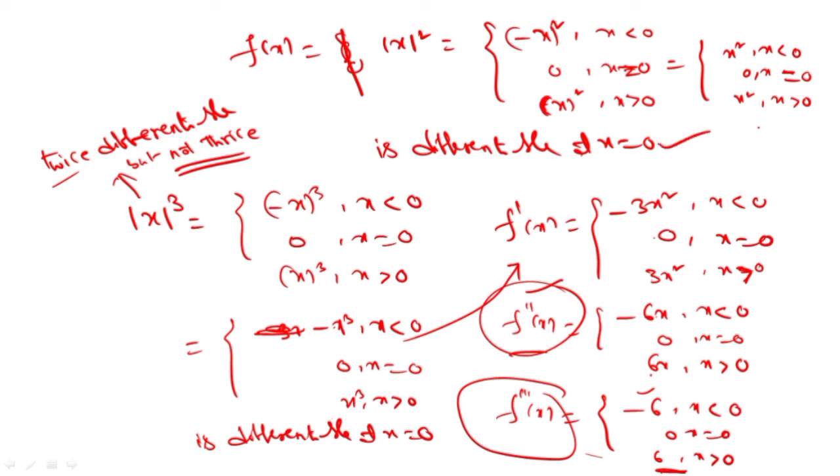F dash is also differentiable, you do not worry about that. But for mod x whole cube, mod x whole power 5, be careful about mod x minus a whole cube, mod x minus a whole power 5. These are twice differentiable, but not thrice. So this kind of problems, be careful.